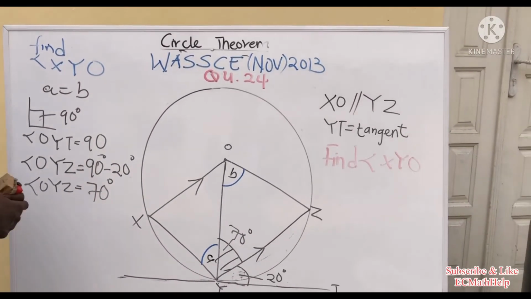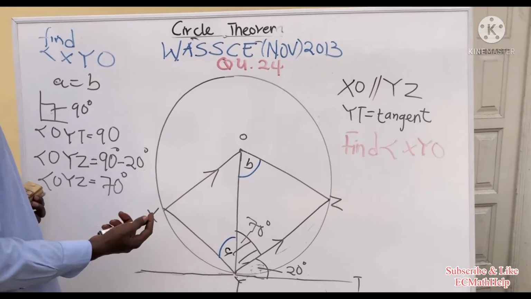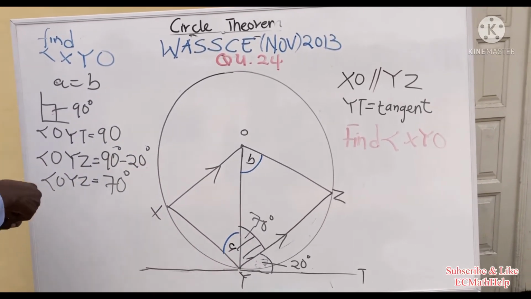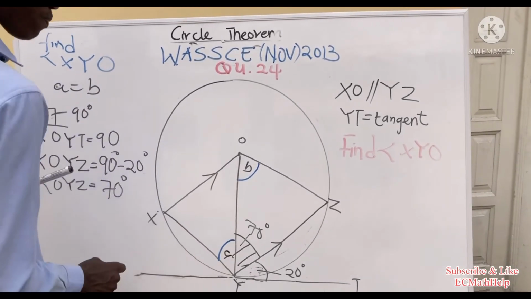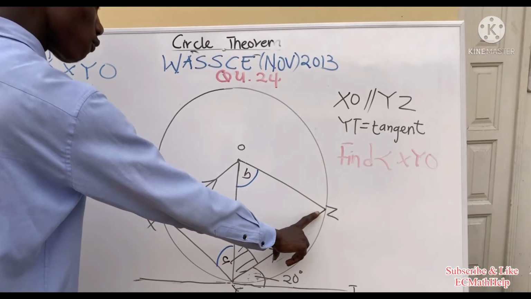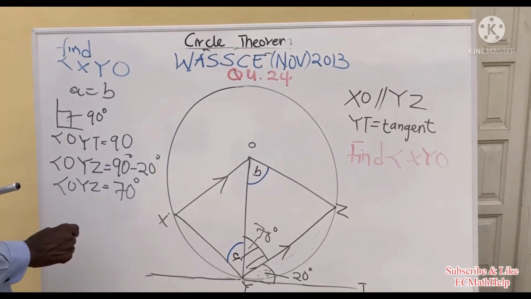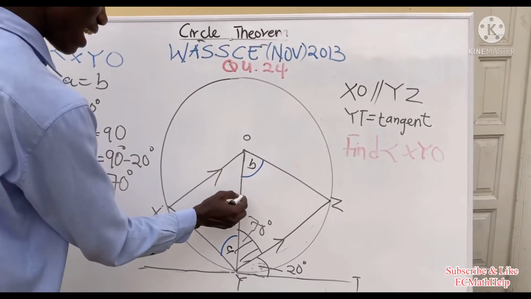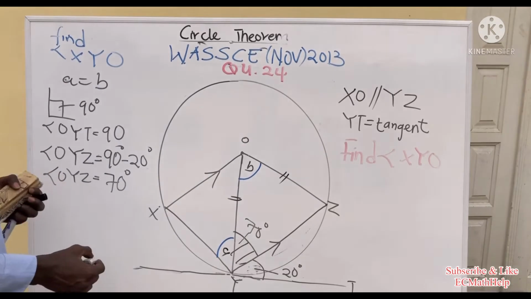Okay. So if here is 70, we can also apply some properties of a circle here. We are looking for angle XYO. Therefore, we have to find the angle this chord subtends here, that is B. This is a radius. This is also a radius. Why?